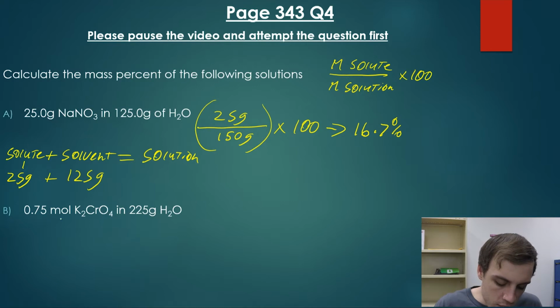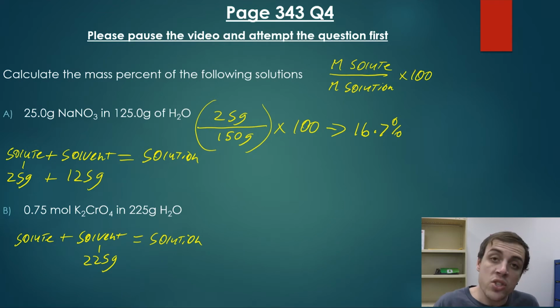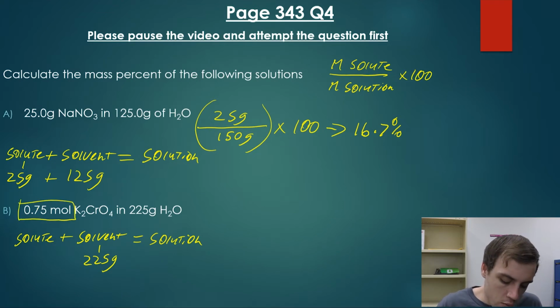So we have 0.75 moles of potassium chromate in 225 grams of water. This follows the same logic as we looked at up here. We have the mass of our solvent, which is 225 grams. We don't have the mass of our solute, but we do have the moles. So our first step: moles is equal to mass over molar mass.